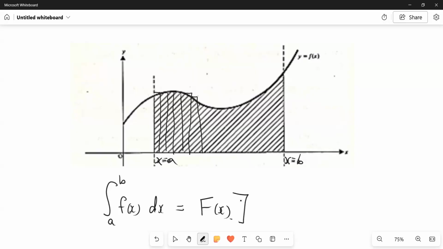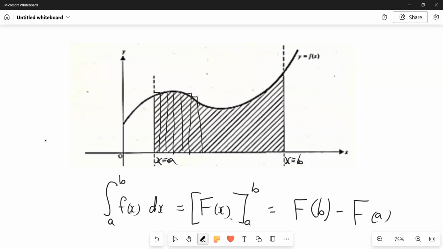Sometimes you see some use one bracket like this, some use two, evaluated from a to b, which is really equal to F(b) minus F(a), where F is the antiderivative of f(x). That capital F is the antiderivative or the integral. And that's where they came up with this thing.